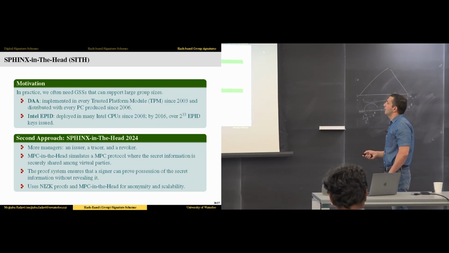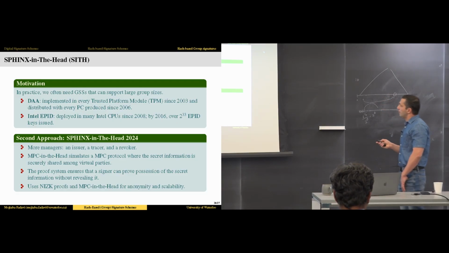I will show you. They use two important concepts: MPC in the head, which allows sharing information among virtual parties, and non-interactive zero knowledge, which allows proving having some knowledge without revealing it. They use these two important concepts for designing their schemes.